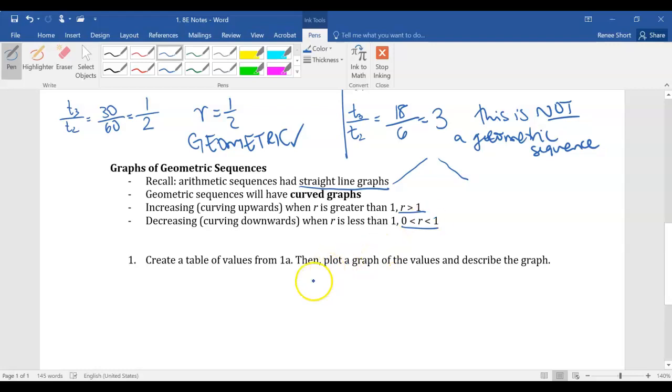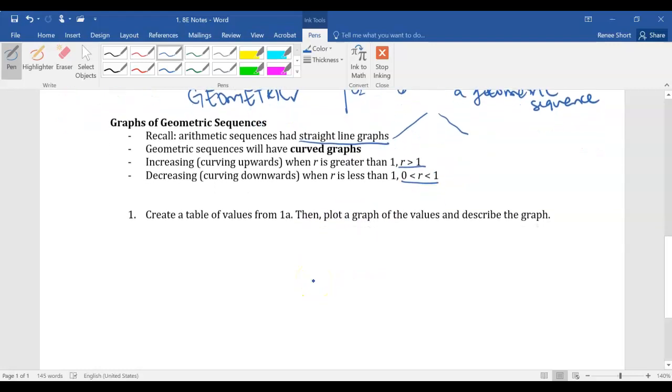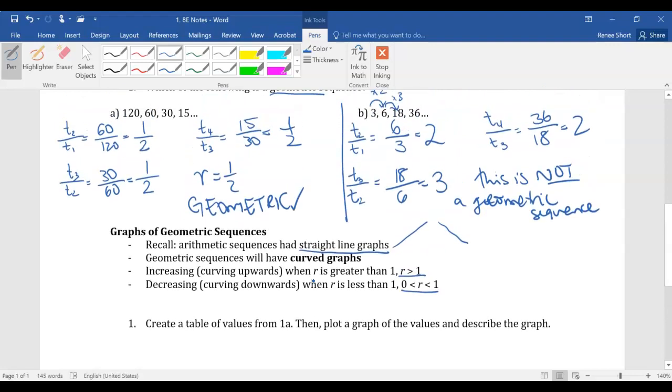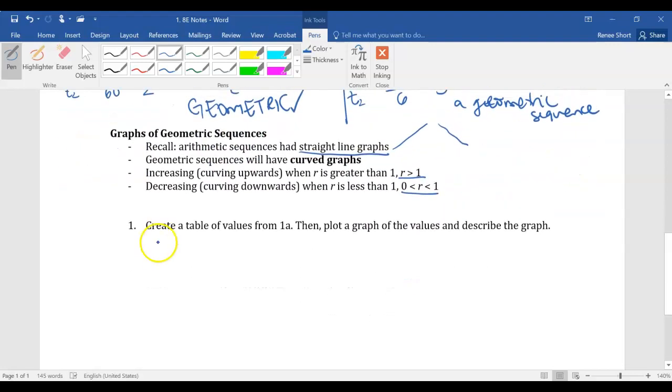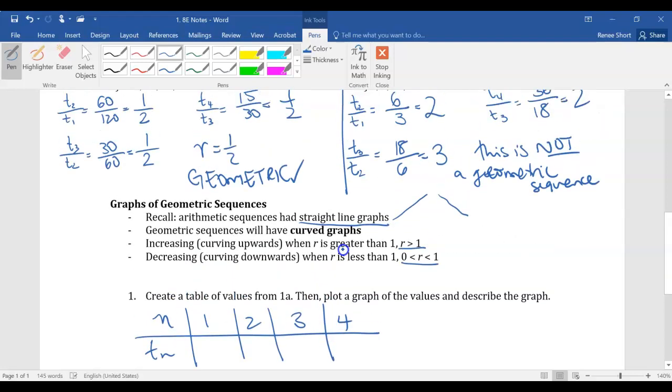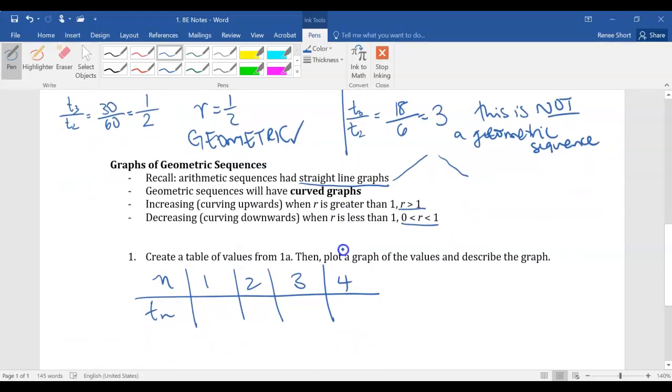So it says here to create a table of values from 1a and then plot a graph of the values and describe the graph. So if we put here n and tn, we had 4 terms, so 1, 2, 3, 4. We started at 120, so 120, 60, 30, 15.